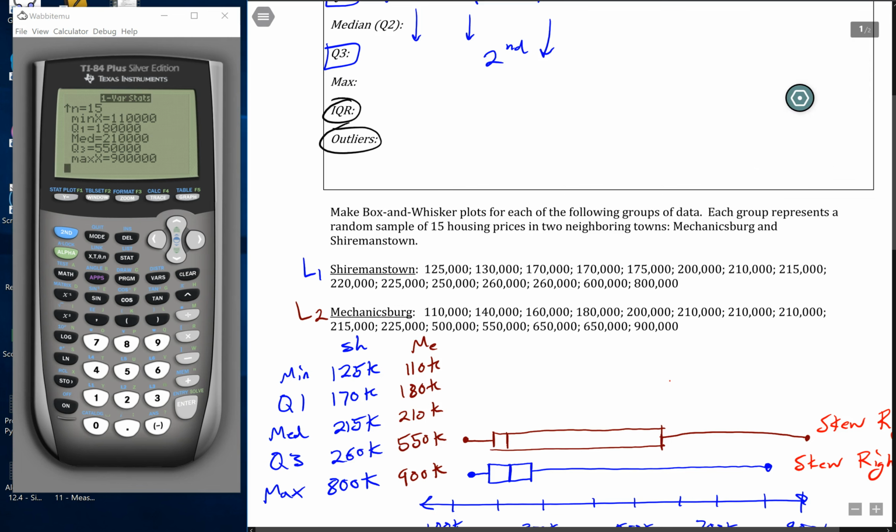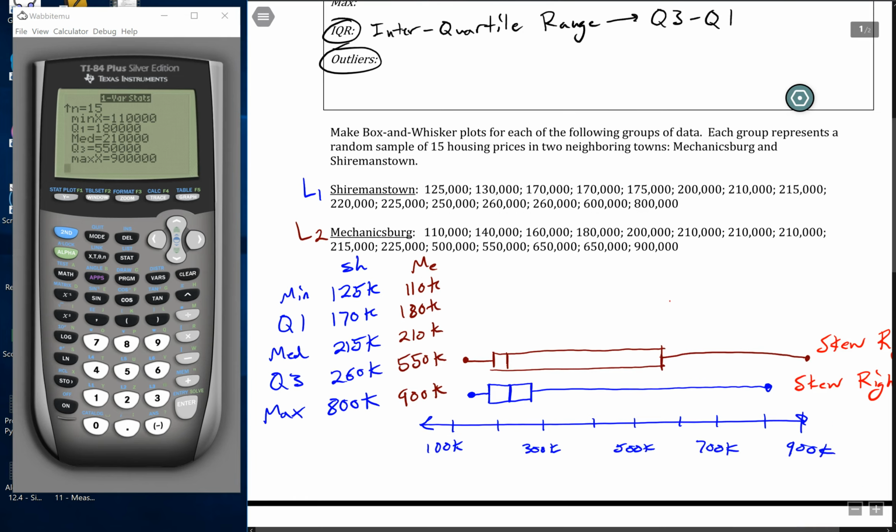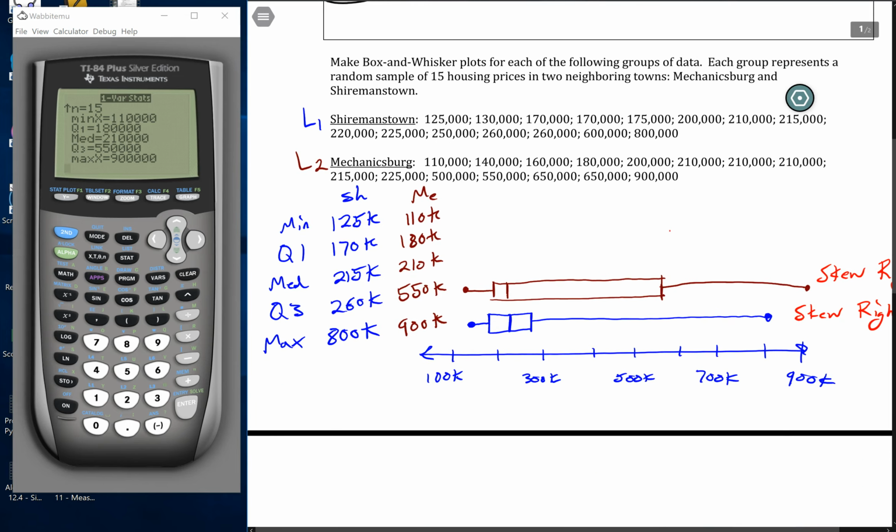So first of all, let's talk about the IQR. This is an acronym for, or is it an acronym? Anyway, it stands for interquartile range. Very complicated way of saying you're just going to take Q3 minus Q1. So, for example, for Shiremanstown, the IQR is Q3 minus Q1.